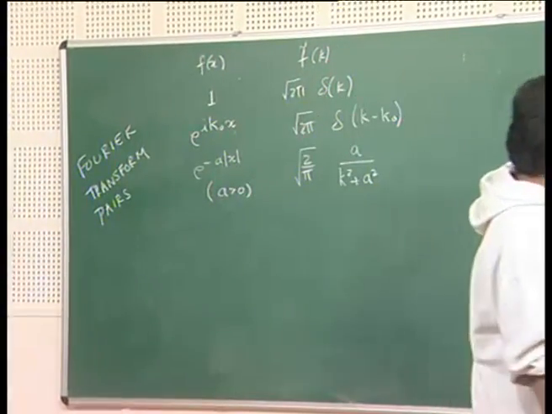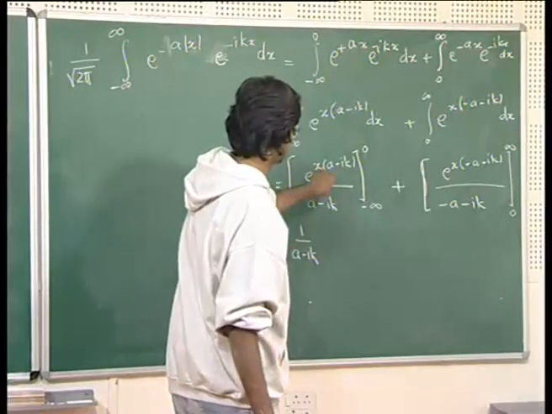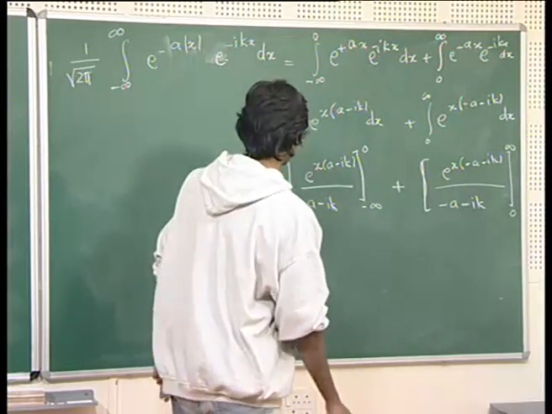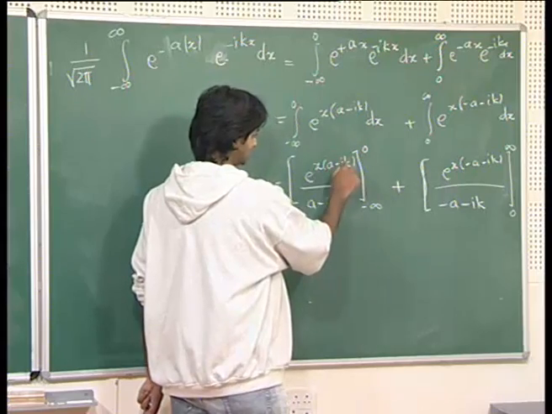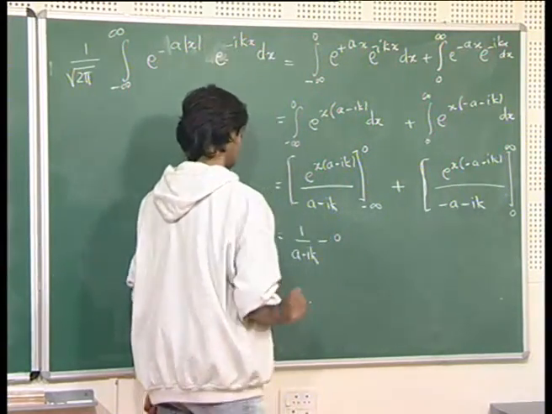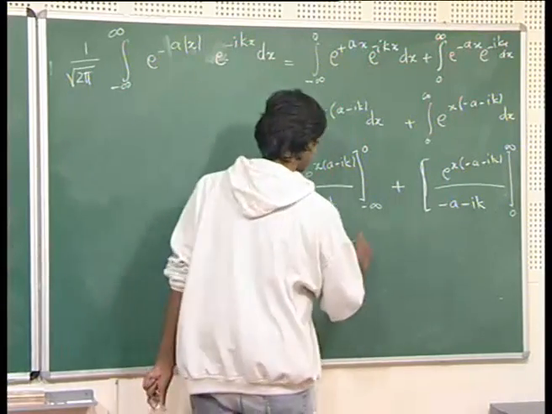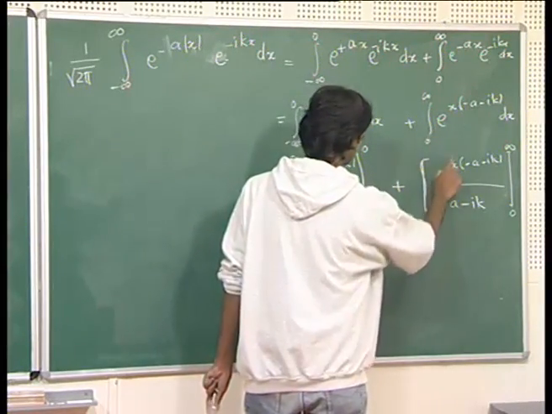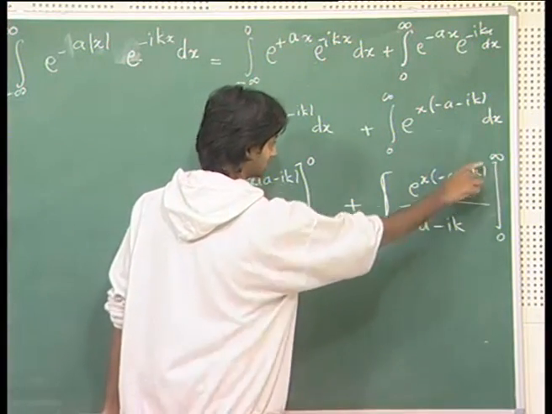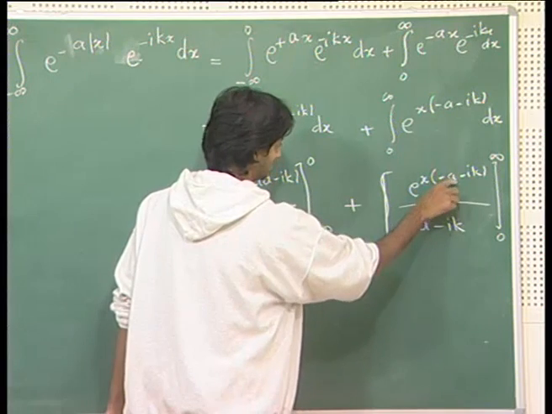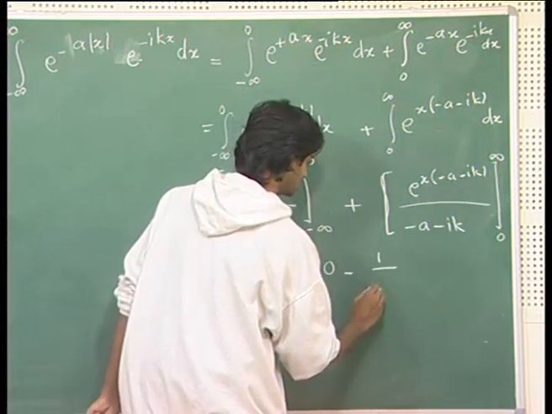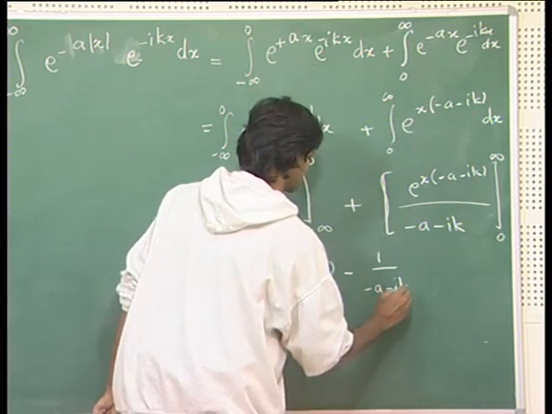Then e to the minus infinity times some positive number gives e to the minus infinity, and we don't even need to worry about the e to the i k x. At the lower limit I will just get 0. Similarly, in this case, at the upper limit I will get 0, because e to the infinity times minus a is e to the minus infinity. At the lower limit, I will get 1 over minus a minus i k.